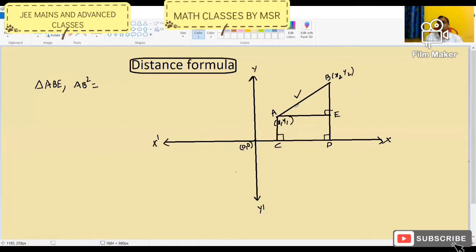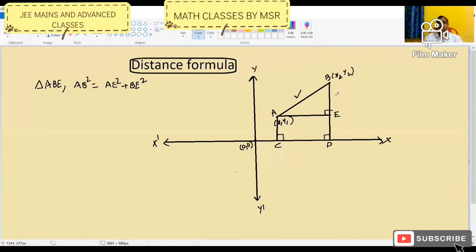It is an application of the Pythagoras theorem. So AB square is equal to AE square plus BE square. But we don't know the lengths of AE and BE, which need to be calculated.